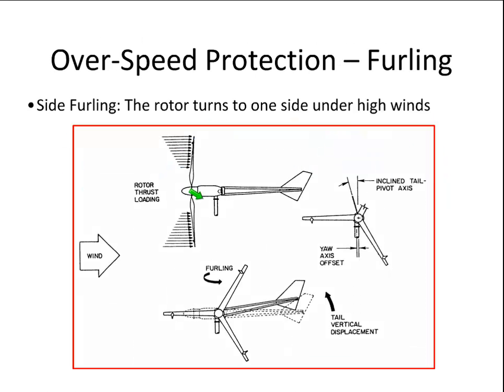I just want to touch on overspeed protection a little bit, because all wind turbines have some type of overspeed protection. Basically, they have to have a way to protect themselves against high winds. We know that the average wind speed in many areas may be 9 to 12 miles an hour, but we also know that there are some extreme events. And I'm not just talking about tornadoes, but other high-speed events.